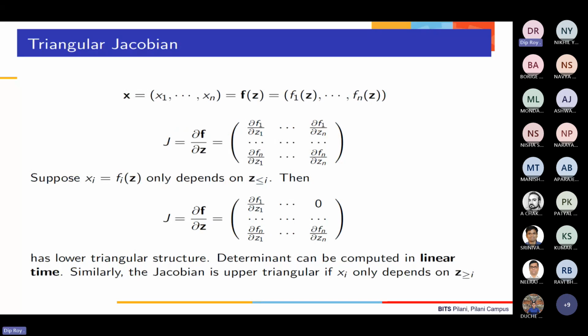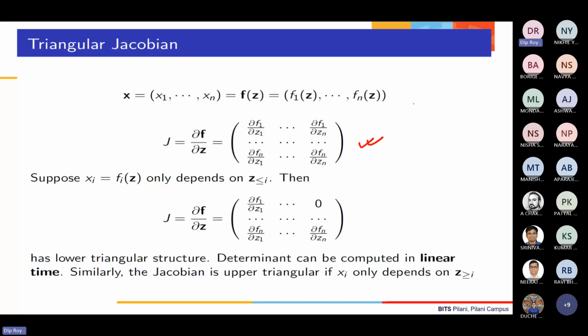First, let's try to get a visualization of this. What are we trying to do? We are trying to calculate the Jacobian matrix. And what does a Jacobian matrix do? A Jacobian calculates the gradient of each output with respect to each input.